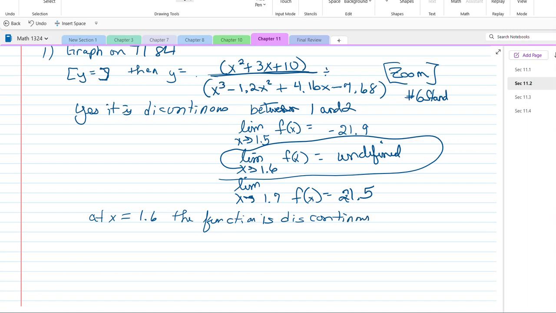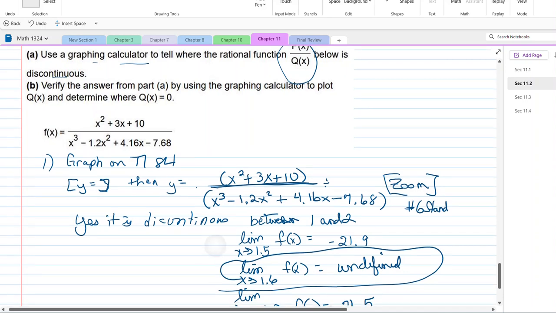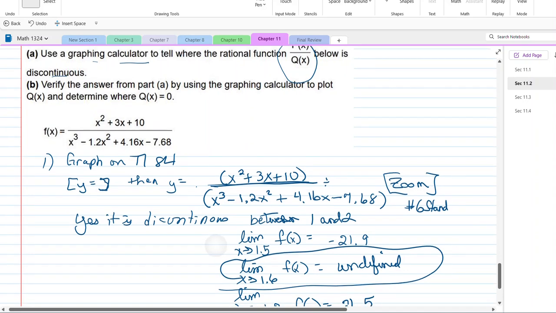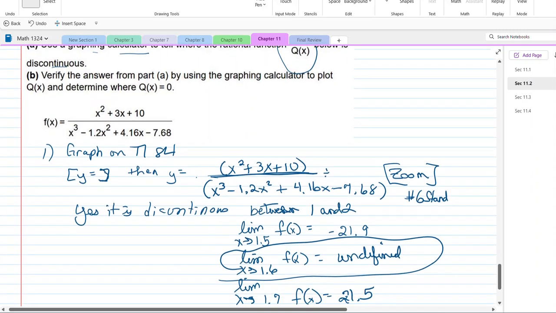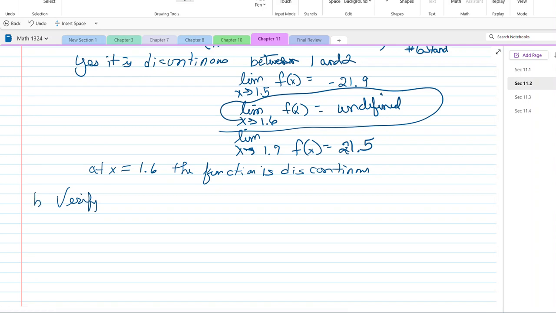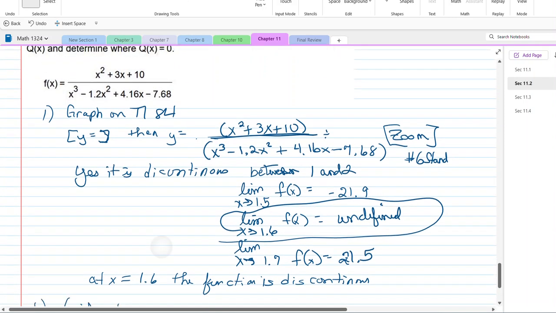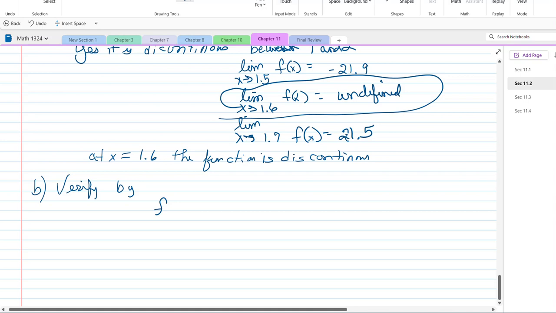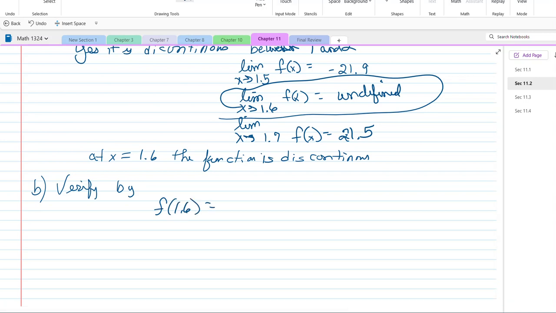Now they wanted us to verify. Well, we're going to verify by dropping in that value. I think the function was called f of x. So f of 1.6 into the function.